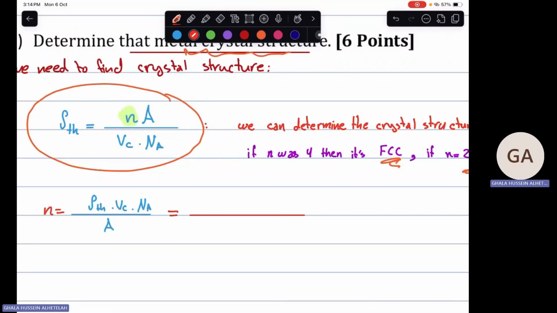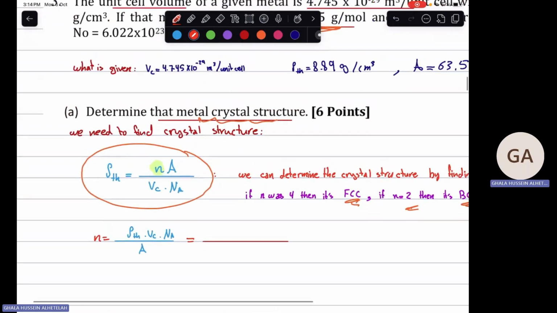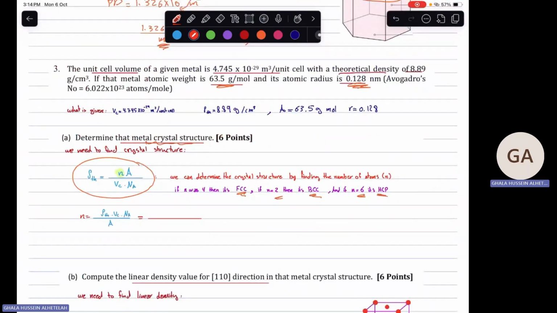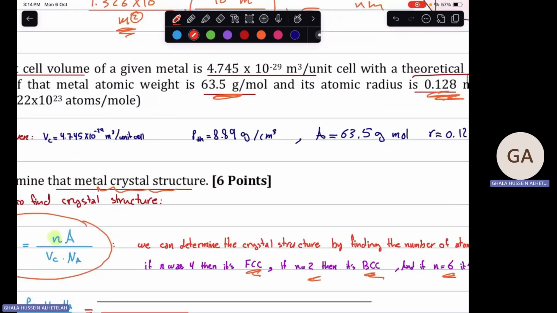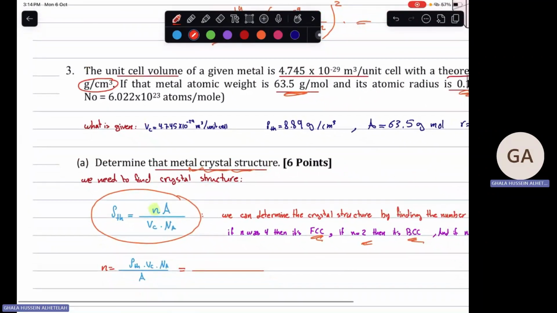Which is the theoretical density, which is what he gives us. He gives us, as you can see, the density in gram per centimeter cube. So we have to convert it into gram per meter cube.